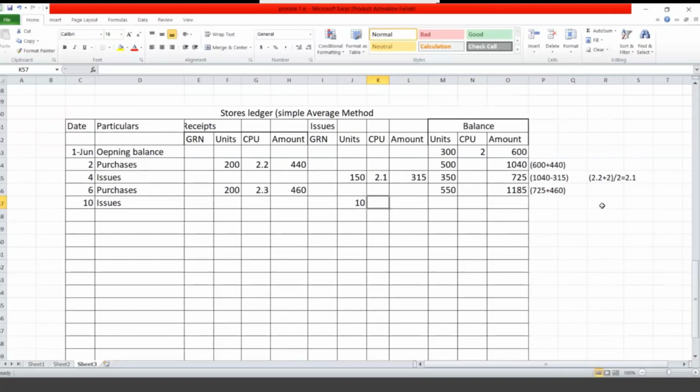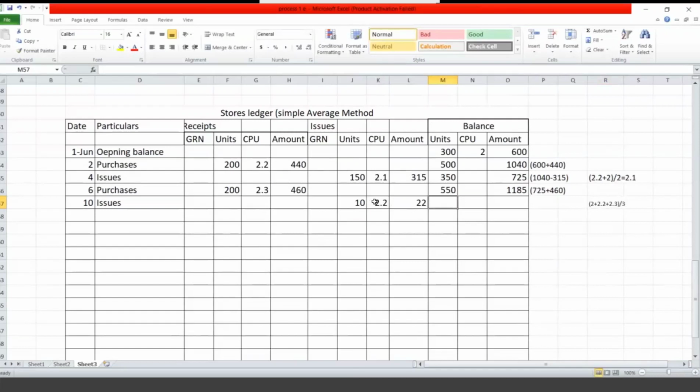Then how much will you get? 2 plus 2.2 plus 2.3 divided by 3, since we have taken three prices. It will be 2.17. So it can be treated as 2.2 also. So you will get the amount 10 into 2.2, it is 22.